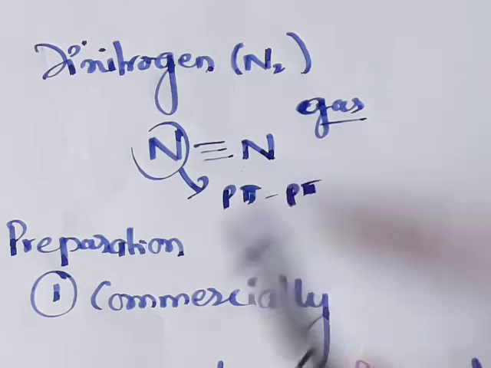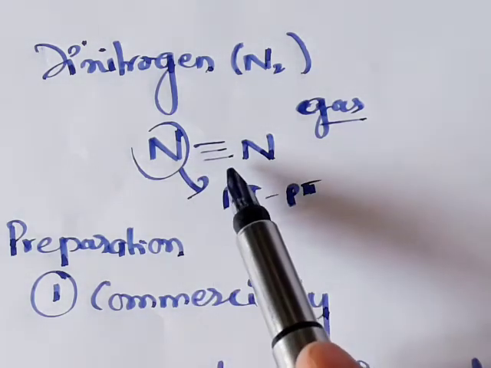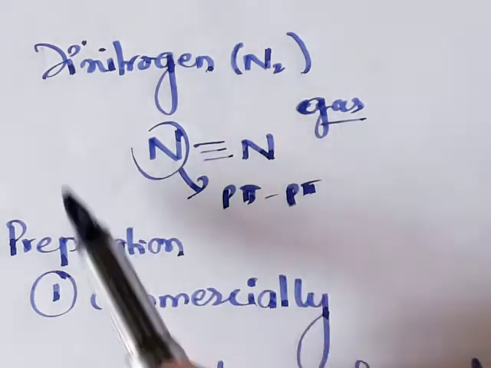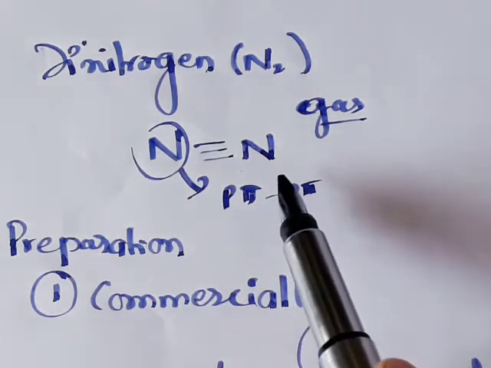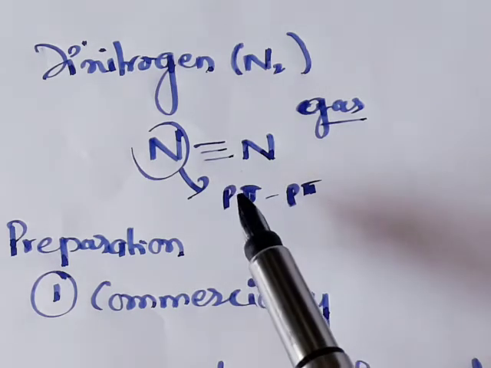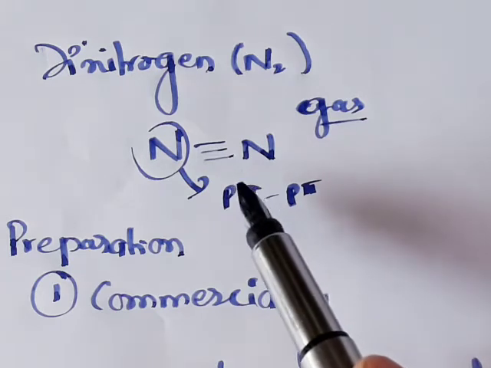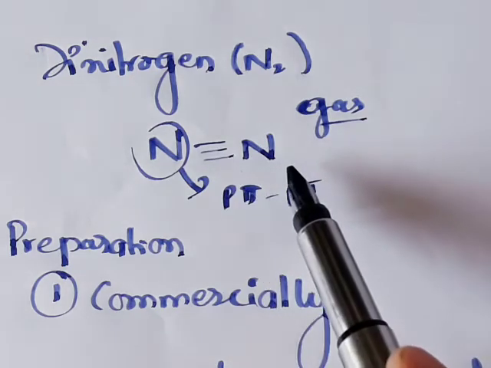So in nitrogen there is a triple bond, and because of this it is a gas, a diatomic molecule, and also it is very inert at room temperature because of the very high bond dissociation enthalpy of nitrogen.